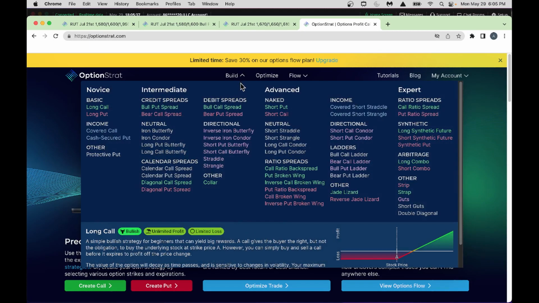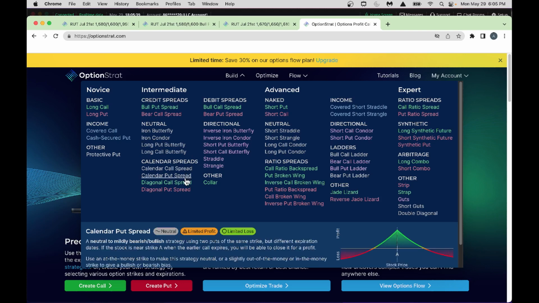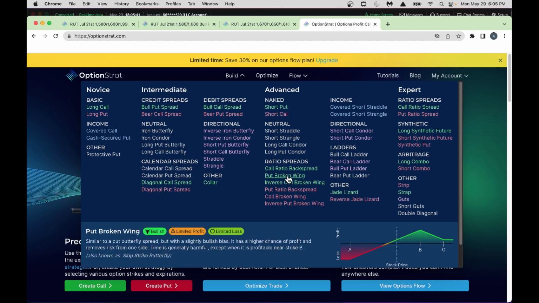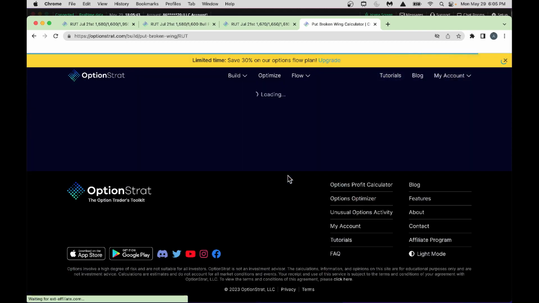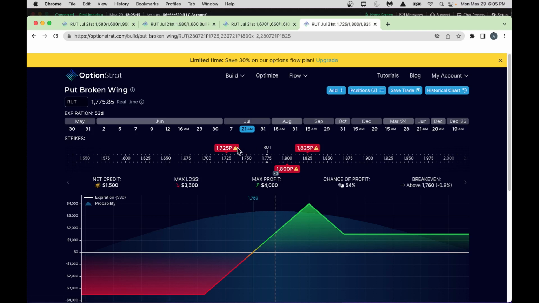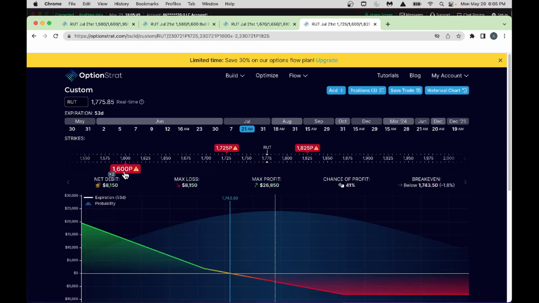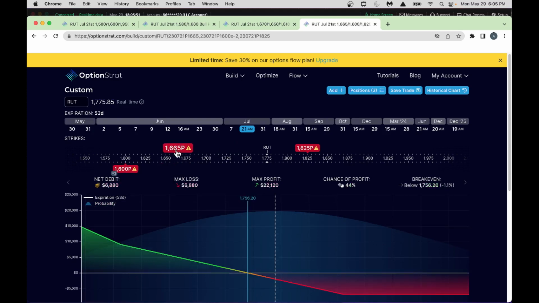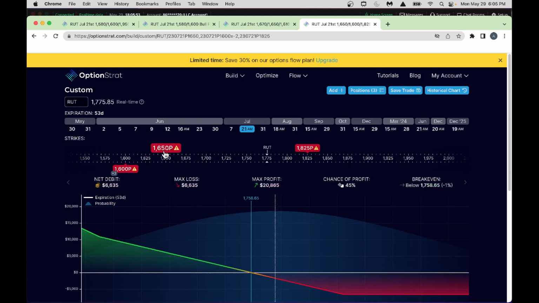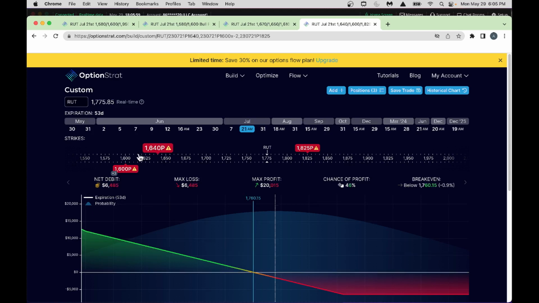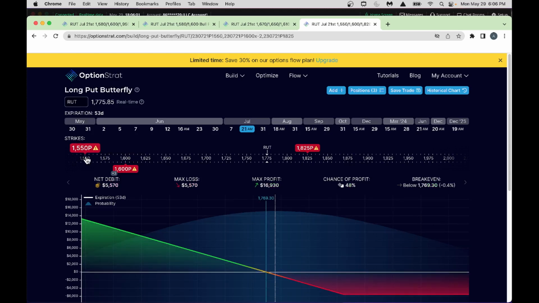We are building a butterfly, as you can see here. Let's go here and say broken wing put. All right, so let's construct this butterfly very quickly. 1600 here, and we are doing 1640 on the top. 1600, we are buying 1560.